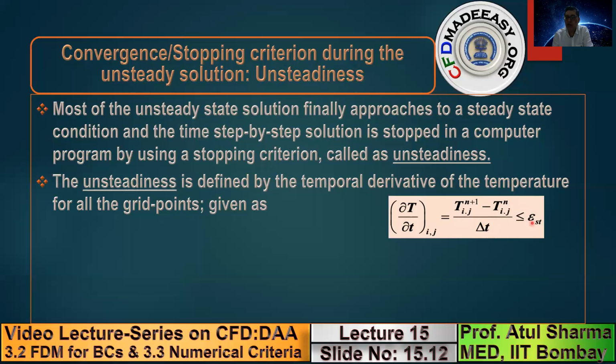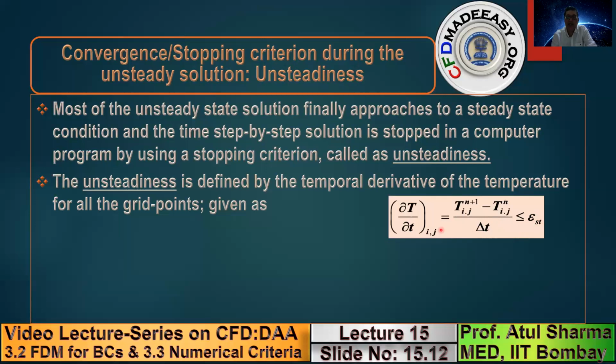If you say, okay, I define my 0 for convergence as 10 to the power minus 4, then for all the 25 yellow circles you obtain this value, and then we pick the maximum and check if that maximum temperature gradient with respect to time is less than 10 to the power minus 4. Then obviously the other values will be less than 10 to the power minus 4. So we pick the value which corresponds to the maximum temperature gradient, and then we use this condition.